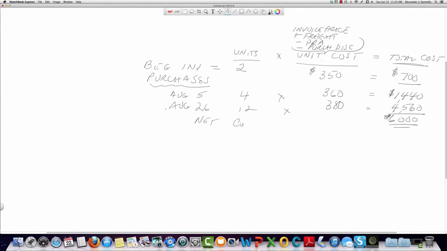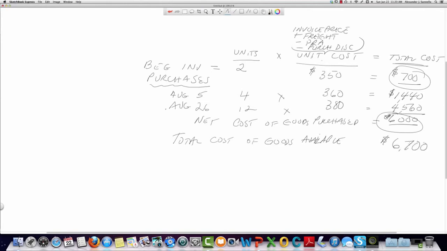The net cost purchased is $6,000, and the total cost of goods available is $67. It's the beginning inventory plus the purchases, and that would give you 67 as the total cost of goods available.